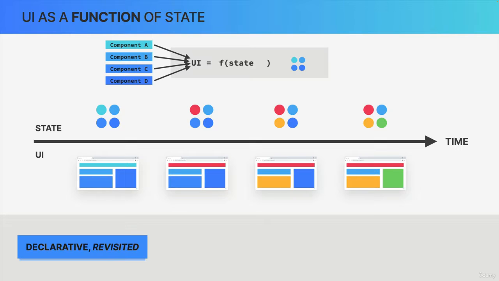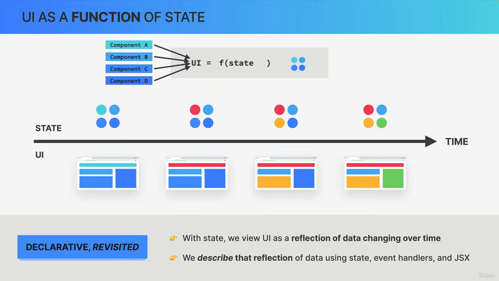So instead of viewing a UI as explicit DOM manipulations, with state, we now view a UI as a reflection of data changing over time. And as you know by now, we describe that reflection of data using state, event handlers, and JSX. So we describe the UI, React does the rest.